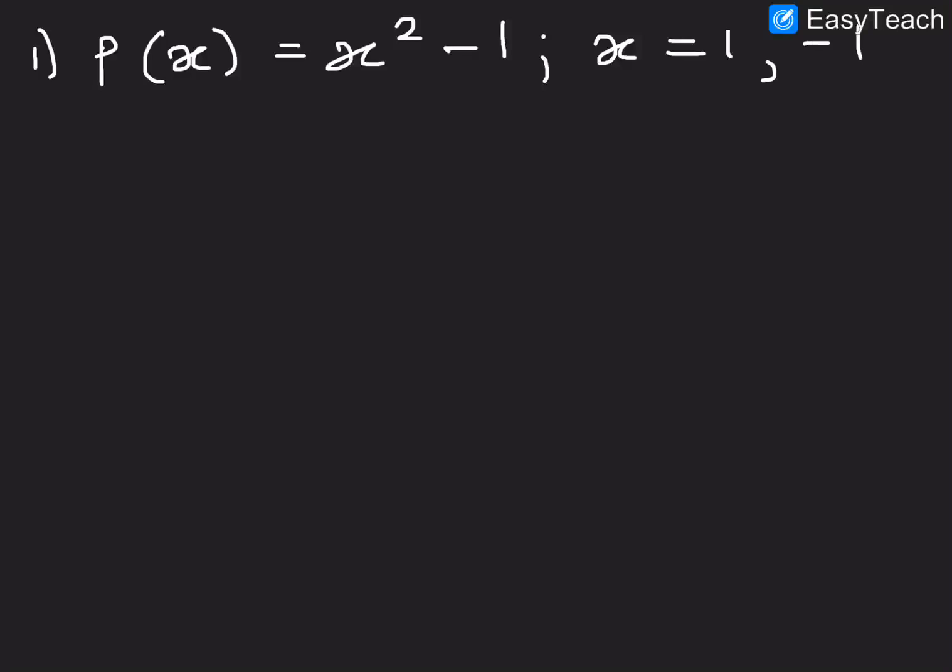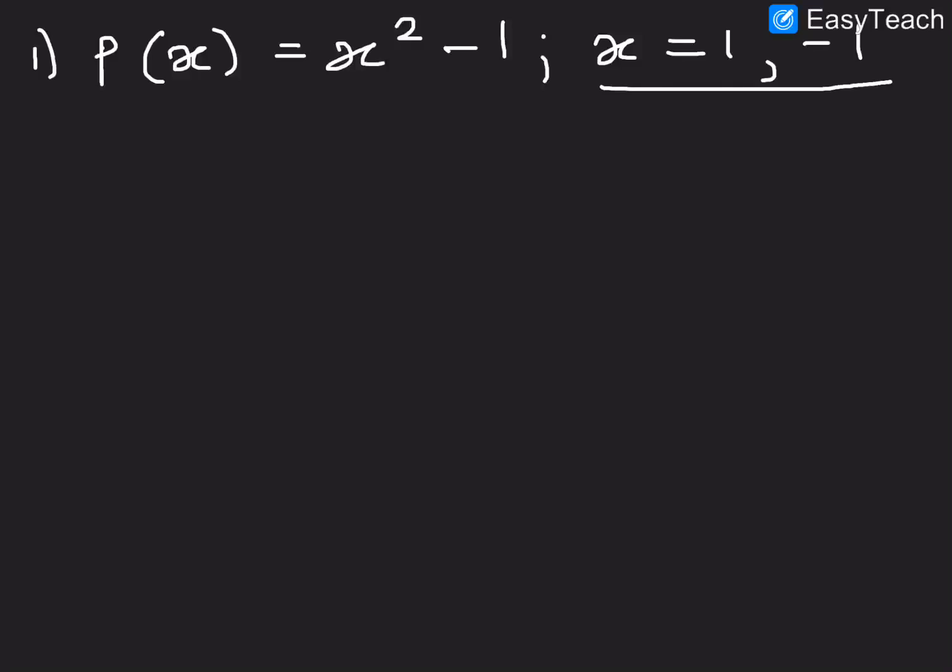The polynomial, P stands for polynomial, x stands for the variable as discussed earlier. So the question is P of x is equal to x square minus 1, and we have to find whether x is equal to 1 and minus 1 are zeros of the polynomial or not. Means whether these two values are the zeros or not.